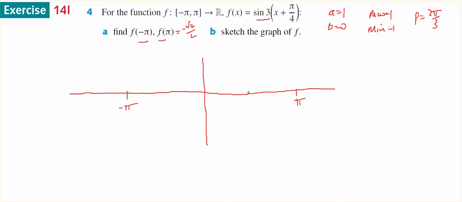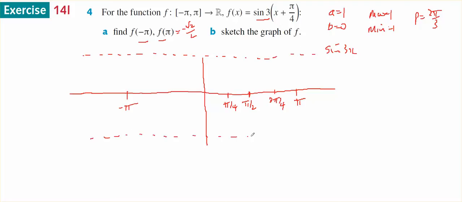Okay, so I'll draw in the positive first, and I'm going to draw initially sine of 3x, and then I'll move it to the left pi on 4. That's pi on 2, that's pi on 4, that is 3 pi on 4, and I'll put in some guiding marks of where I'm going to have 1, which will be my maximum, and where I'll have negative 1, which will be on my minimum.